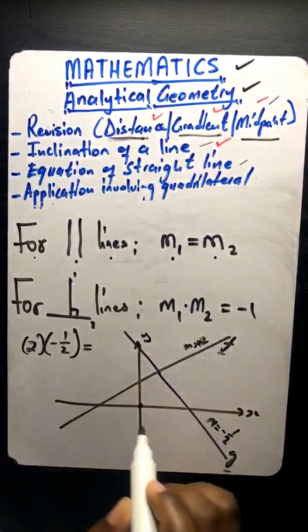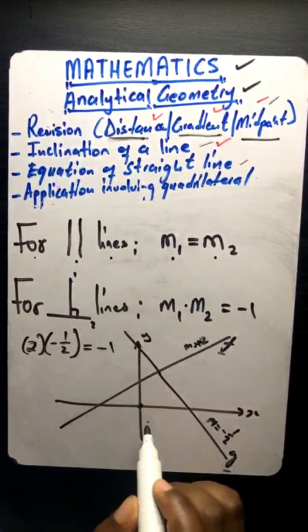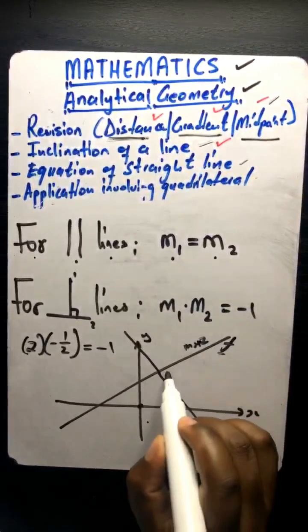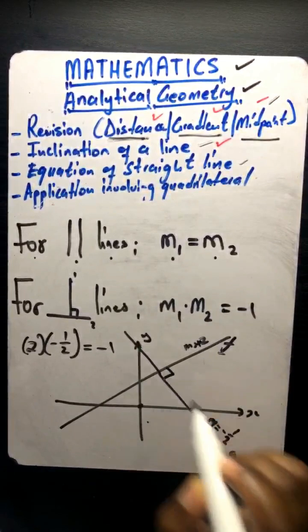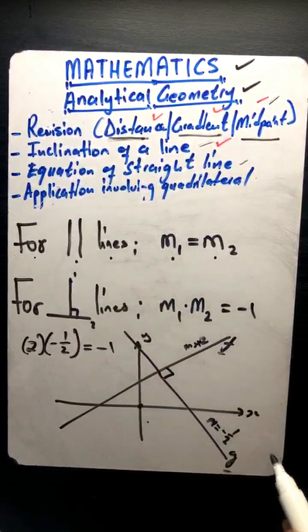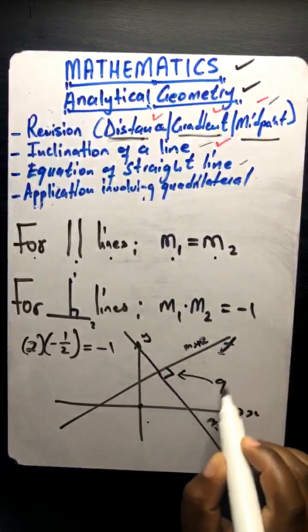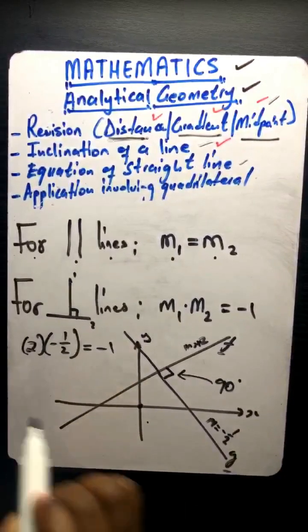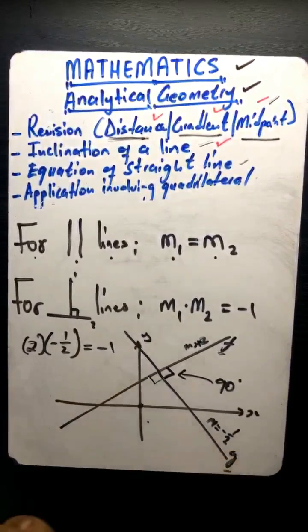What will the answer be? You get -1, meaning this line and that line are perpendicular to each other, meaning where they meet, they form an angle of 90 degrees. That's what is meant by perpendicular lines. They form an angle of 90 degrees.